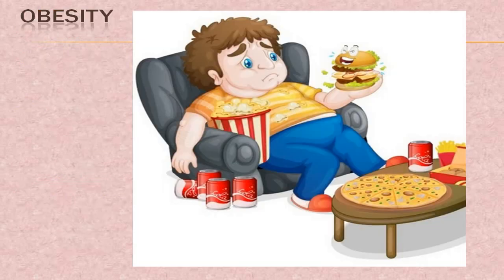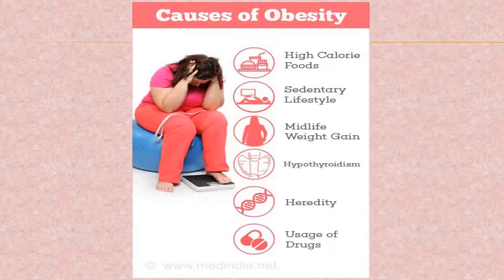Next is obesity. Obesity means an abnormal amount of fat on the body, and it is due to high caloric food, a sedentary lifestyle, weight gain in midlife, or may be due to hypothyroidism, that is low thyroid secretion.